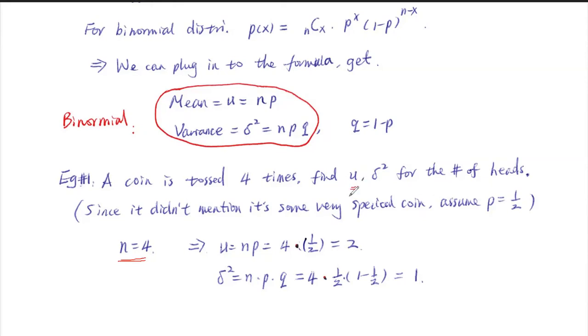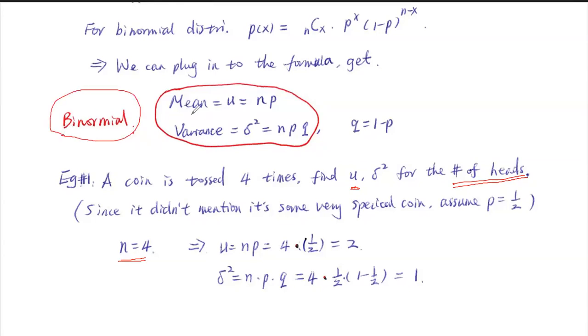So in other words, you toss the coin, a regular coin, 4 times. Help me find out the average number of heads. Is that clear? That's the question. Help me find out, on average, how many heads I'm getting. Because each time I toss the coin, I can only get either head or tail, 2 possible outcomes, that lets us apply the binomial distribution formula.